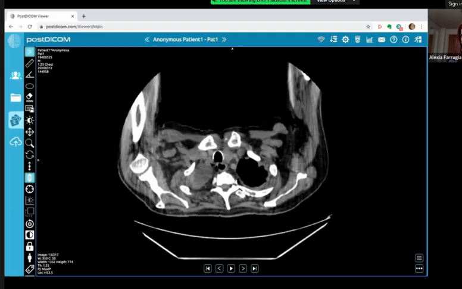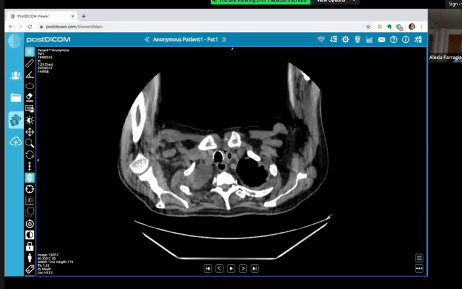Does that help you in narrowing your differential as to the cause of these appearances? Could it be a previous thyroid malignancy causing pleural-based metastases? Perfect. Yes, that's correct.